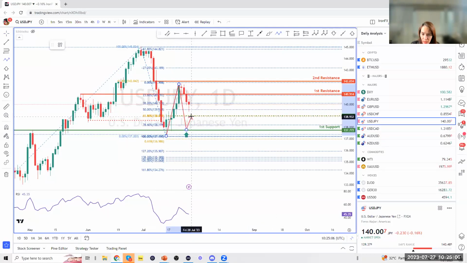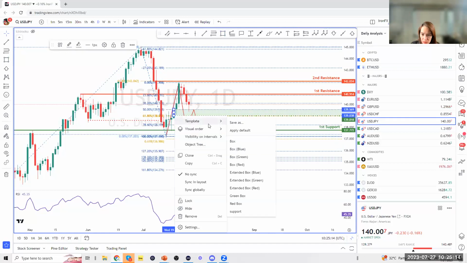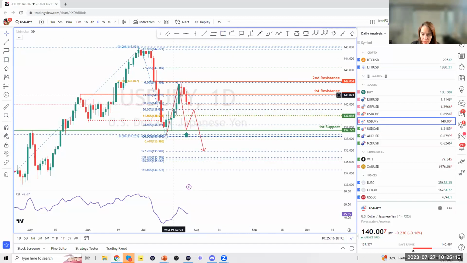You wait, you buy. I think you can consider putting this box as your TP, because price is making a lower high. This is your TP. If you buy from here, your TP is here.